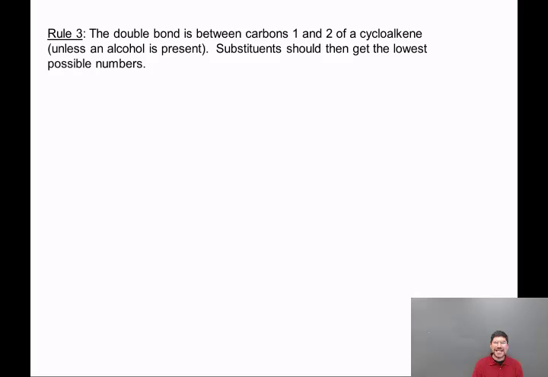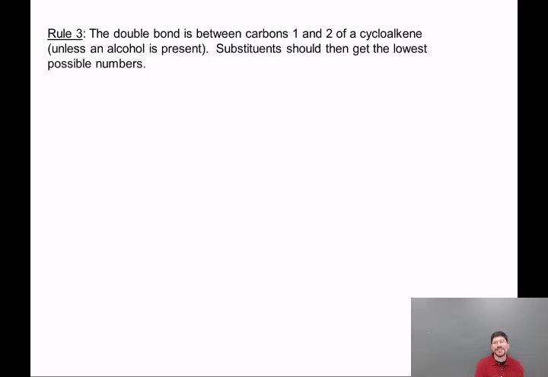If we have a cycloalkene, this brings us to rule 3. We're going to want the double bond to be between carbon 1 and carbon 2, unless an alcohol is present, in which case the alcohol, because it takes priority over a double bond, is going to get carbon 1.